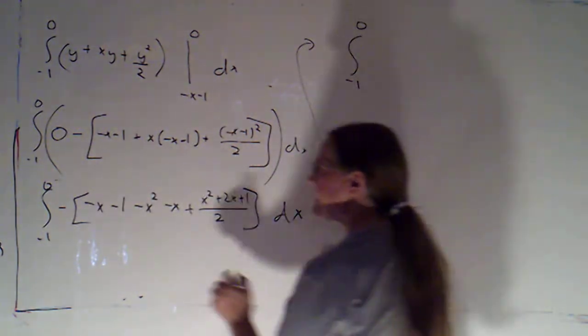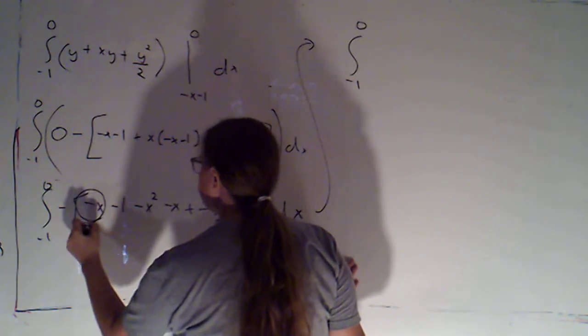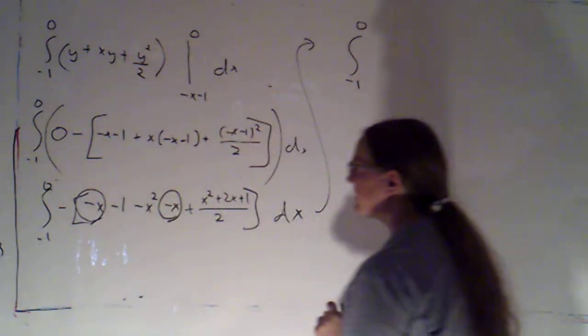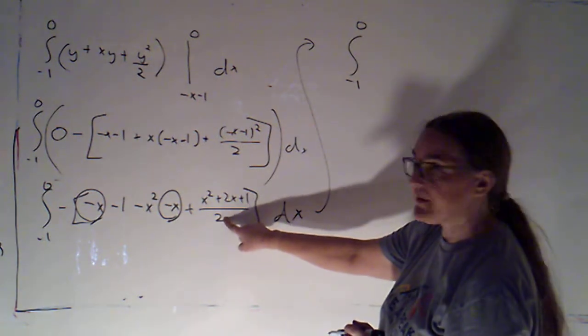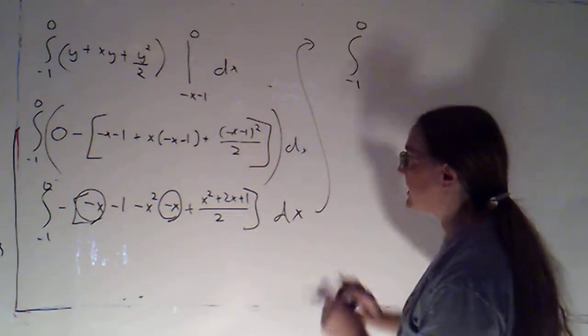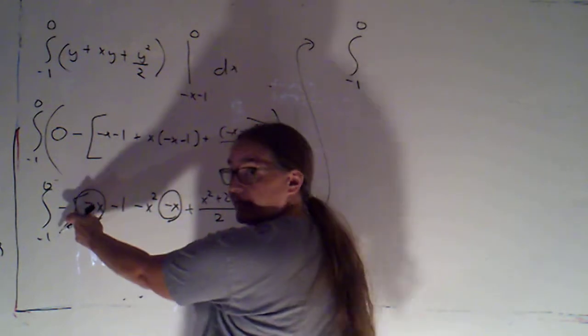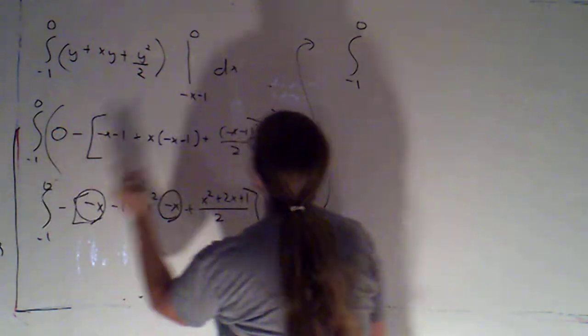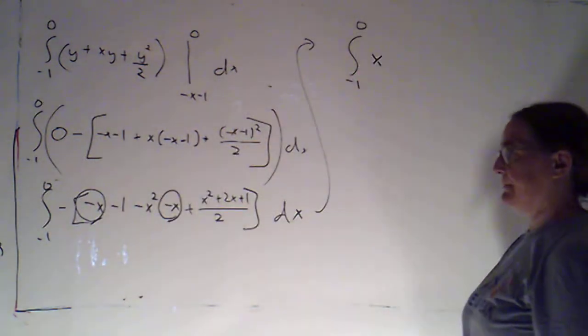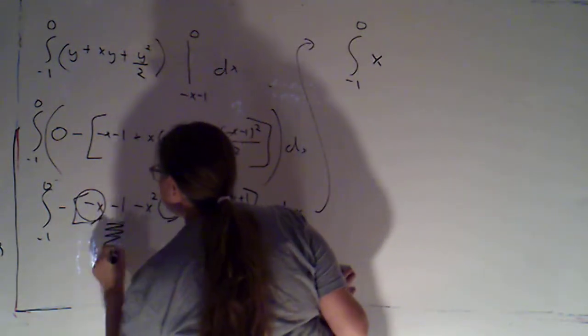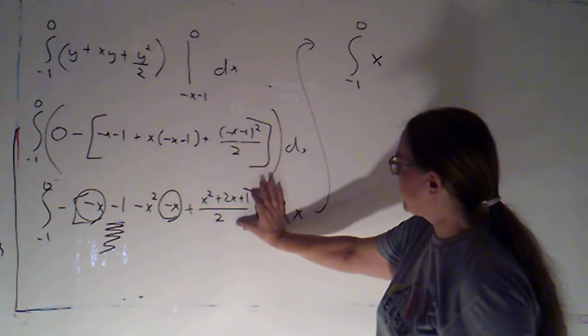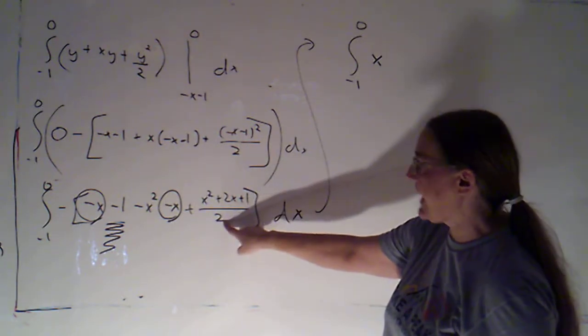So let's see. For the x's, looks like I've got a -x and a -x. And here, this is a 2x over 2 that I'll be getting. So that's a plus x. That's going to be a total inside here of a -x. Distributing that negative, it becomes an x. For the constants, I've got a -1, and it looks like this is going to give me a positive 1/2.